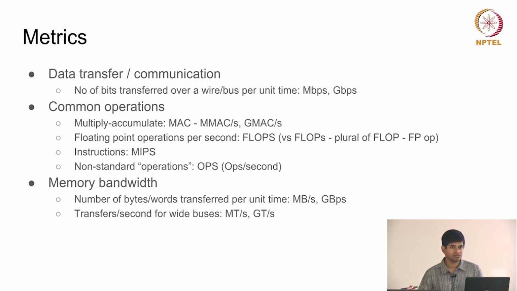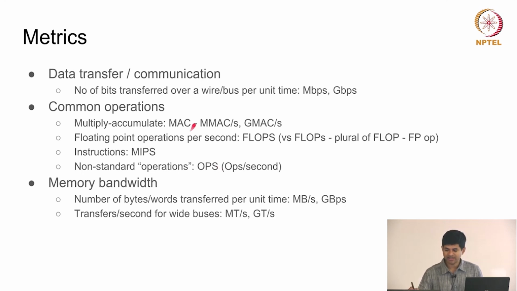You can still count the number of operations as the number of multiplications and additions, but it no longer really makes sense to talk of them as multiply accumulates or flops, right? Because in some cases there might be an application of some kind of nonlinear function. In some cases it might be an approximate multiplication or an approximate addition. So rather than worrying about what exactly it is, people just call it ops per second, the number of operations, where the operation will be defined in the context of what you do.